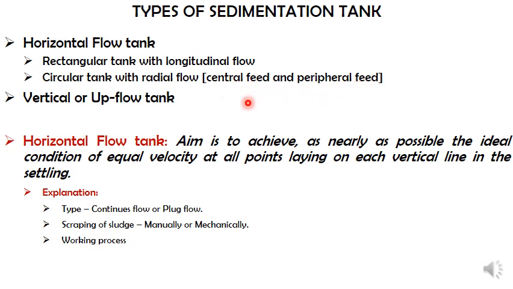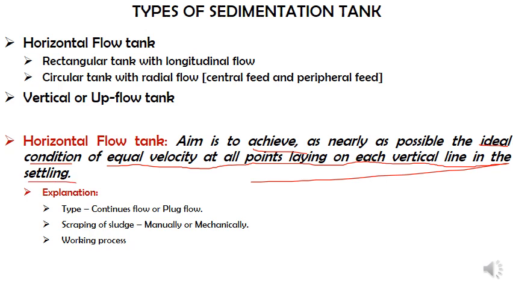To explain the working of the horizontal flow tank, the entire process is based on achieving a particular ideal condition. What is this ideal condition? We want to have equal velocity at all points lying on each vertical line in the settling zone. What I mean by that is, if I take this tank as a sedimentation tank, imagine this is the inlet and this is the outlet.